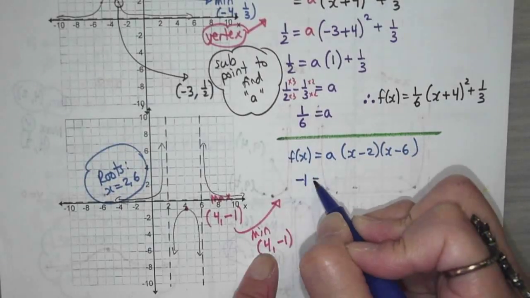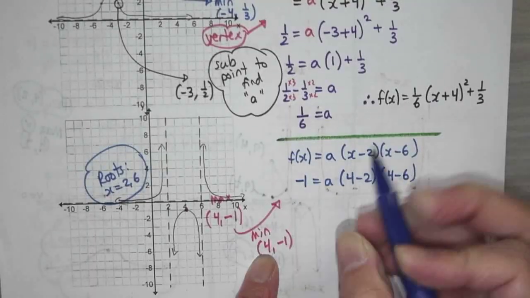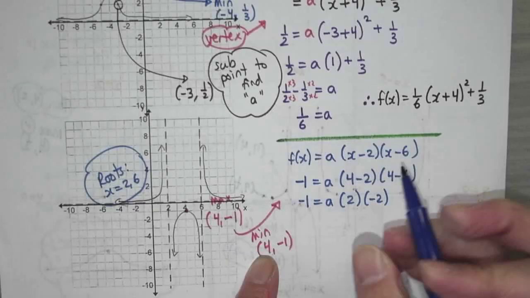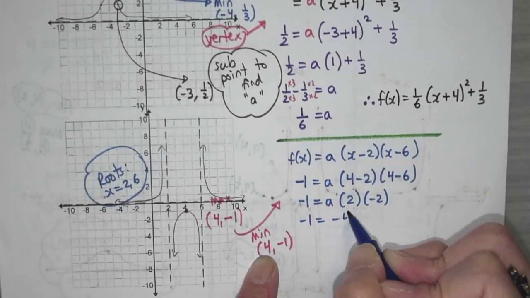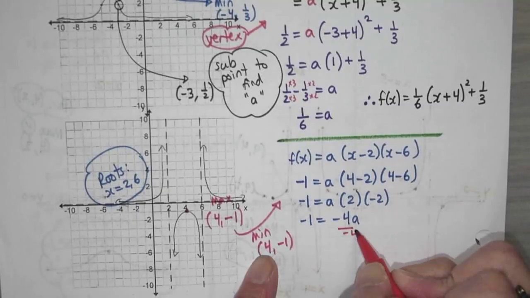So -1 equals A times 4 minus 2, 4 minus 6. So that's 2, -2, and that's -4a. Divide both sides.